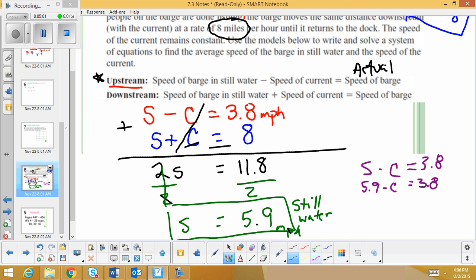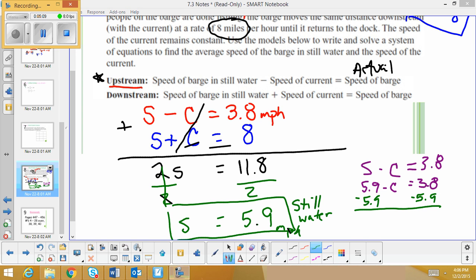I'm going to subtract 5.9 on both sides. I end up with a negative value here. Negative C equals negative 2.1. So C equals 2.1.